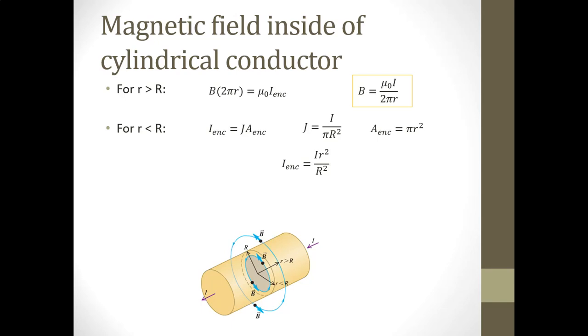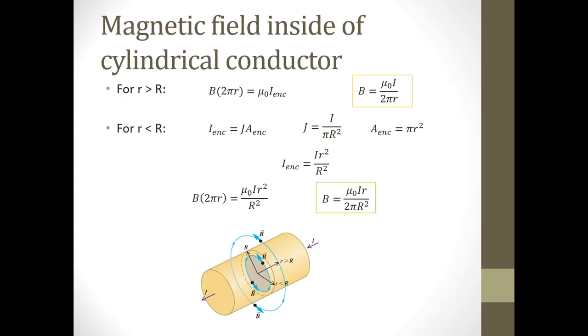It's in fact exactly the same question. And so if we plug that into our equation for Ampere's law and do some math, we get our expression for magnetic field inside of this conductor. It increases linearly as radius increases, and then it looks like an inverse function once you get outside of the material.